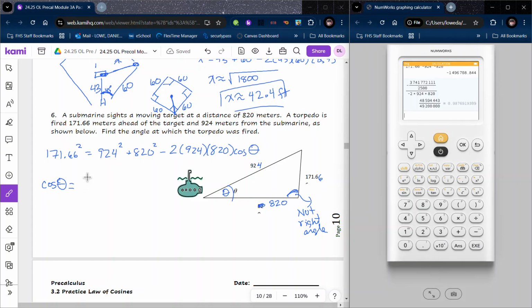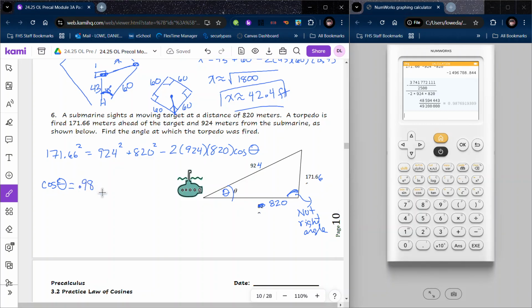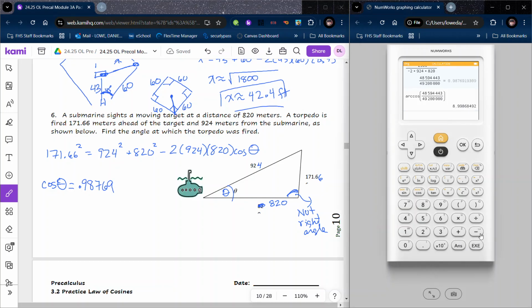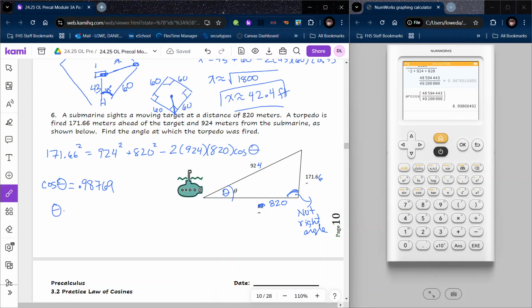And so the cosine of theta is approximately 0.98769. My inverse cosine of that tells me that theta is approximately 9 degrees. That should make sense, since 171.66 is much smaller than 820 and 924, so a small angle makes sense in this context.